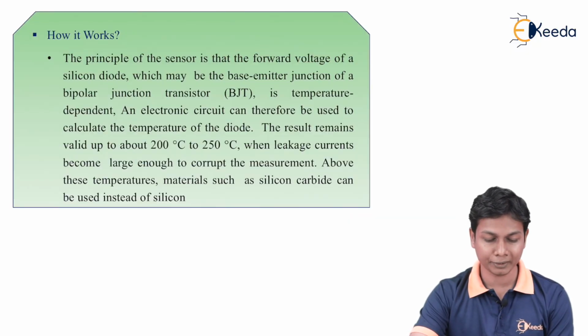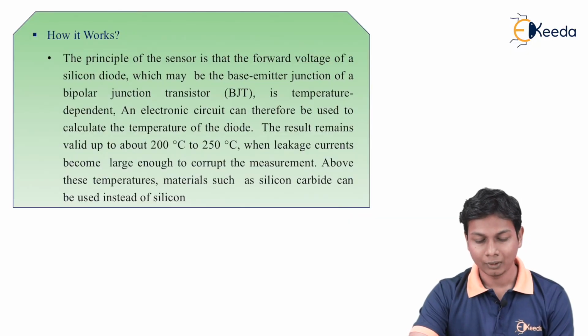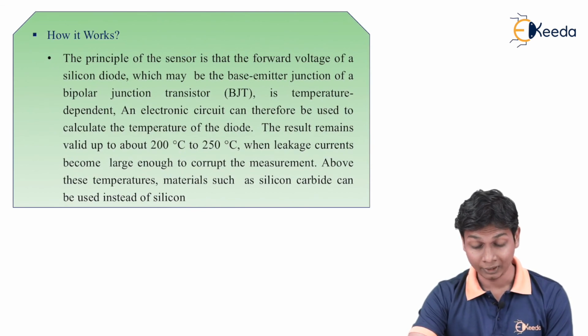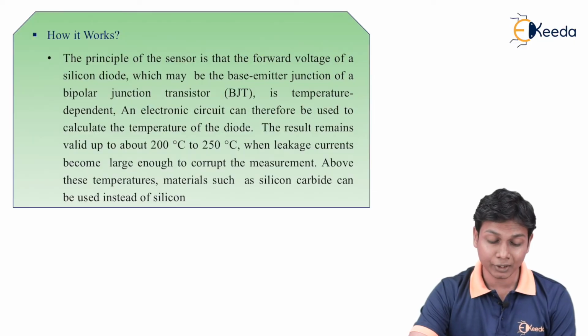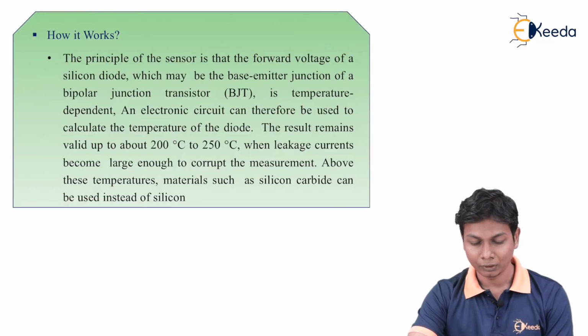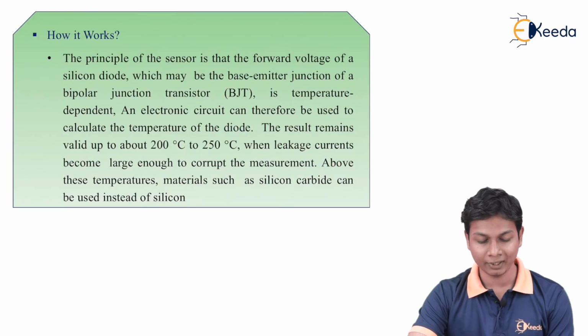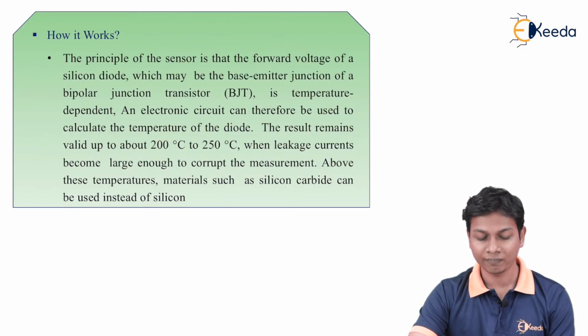The result remains valid up to 200 to 250 degrees Celsius only, because above this temperature the leakage current becomes large enough to corrupt the measurement. Above this, materials such as silicon carbide are used instead of silicon.